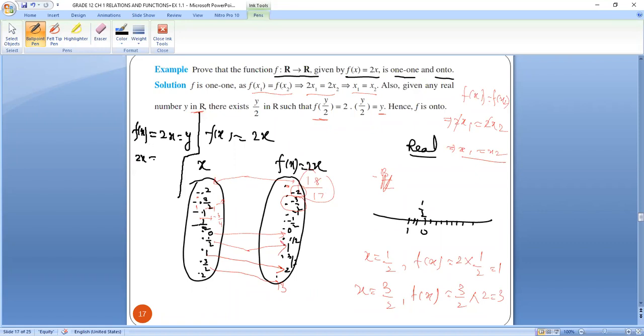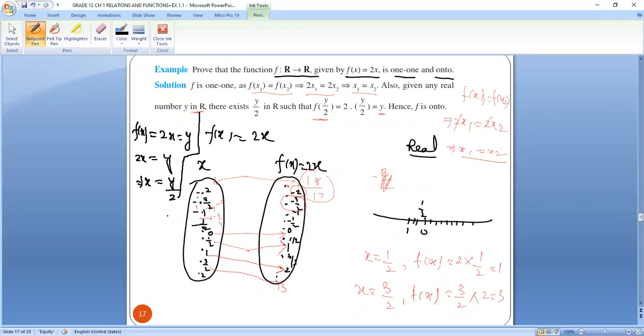This implies 2x is equal to y, which implies x is equal to y by 2. We are saying x is the pre-image and we want to check whether all the values of x are there, whatever y will be. So yes, whatever y is, that means whatever your range is, we will have x.